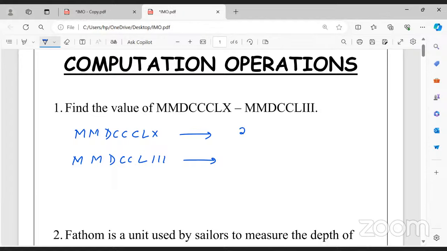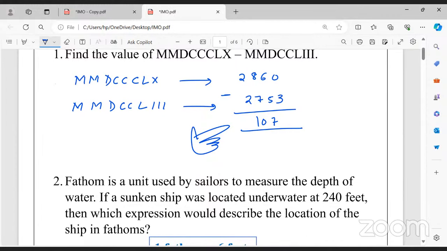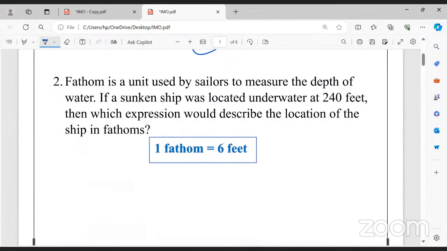Sujay, it's 2860 minus, what is the second number? 2753. And what's the difference? It's 107. And that's your answer, right? Okay, well done, smart kids.